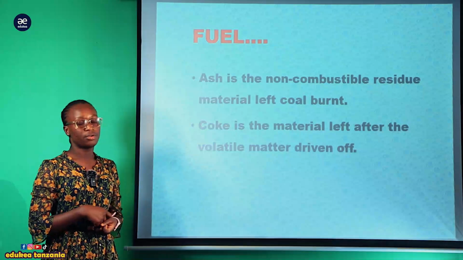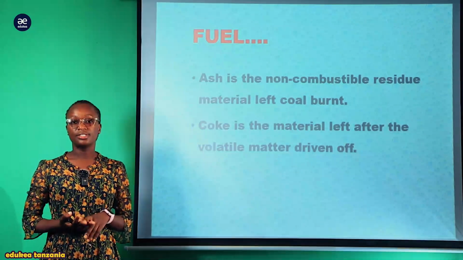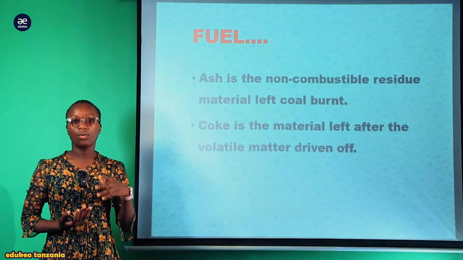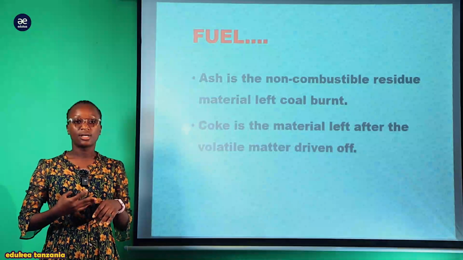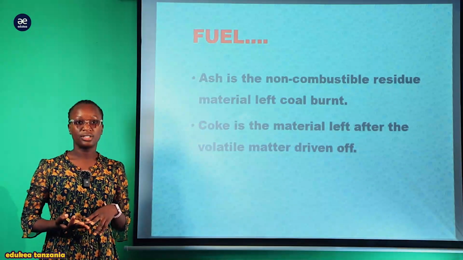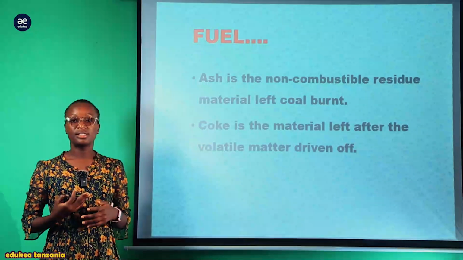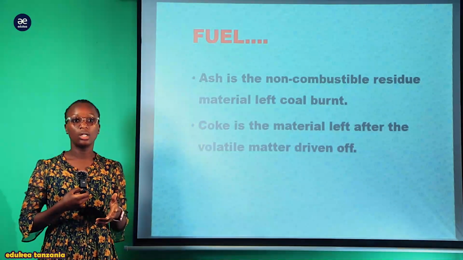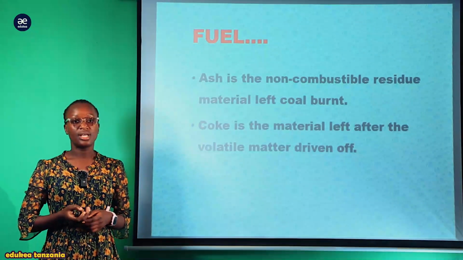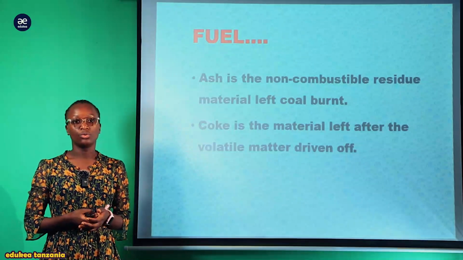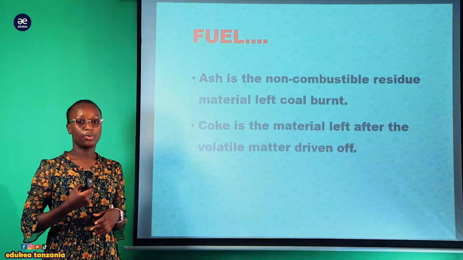Kwamba baada ya volatile material kutolewa katika uwepo wa anaerobic reaction, the material left there is what is called coke, and this will be used as our fuel to produce or provide heat energy.